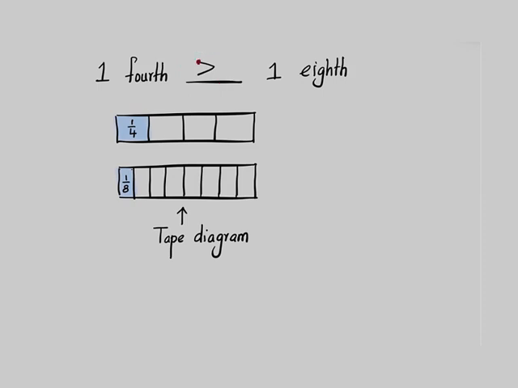Just imagine this is an alligator's mouth. The alligator's mouth should be open towards the bigger value. So, since 1/4 is the bigger value, the alligator sign is open towards it. Half of 1/4 is 1/8.